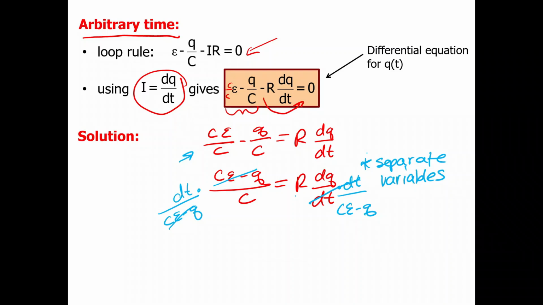And then I'm going to also divide my R. So I'm trying to get anything that is not a Q over to the other side. So what this ends up giving me is dt over RC is equal to dq over CE minus Q.